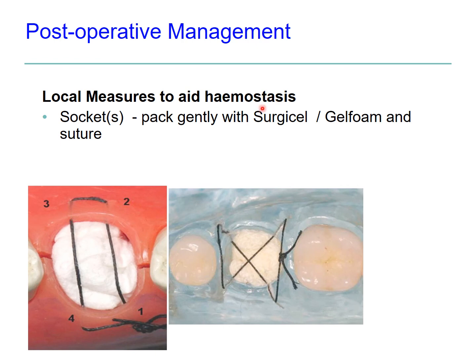Two of those are available in the dental education facilities, Surgicel and gel foam, and C, placement of a horizontal mattress suture across the extraction socket, either a standard horizontal mattress or a figure of 8 horizontal mattress suture.